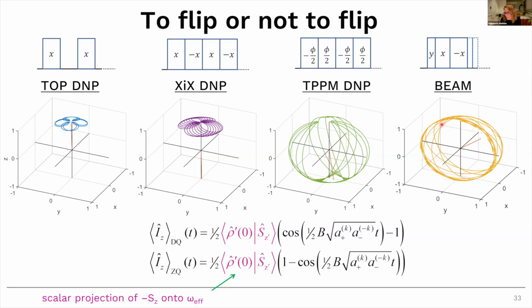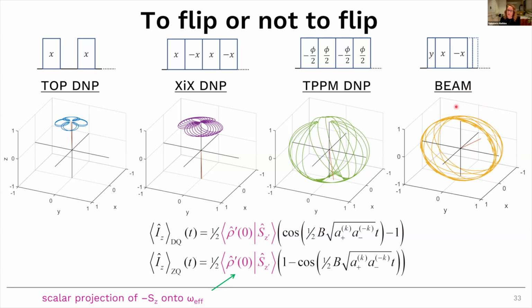However, when you now look at the BEAM sequence, you see that the direction of omega effective is almost perpendicular to the z-axis. It's pointing pretty much along the minus x-axis. So if we would now calculate this projection, you'll see that you get a value that's close to 0. And so with this trajectory, this means you would not be able to transfer any magnetization at all. Luckily, there is a solution to that.